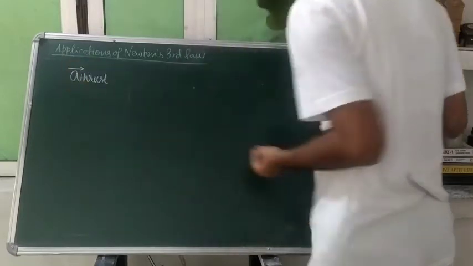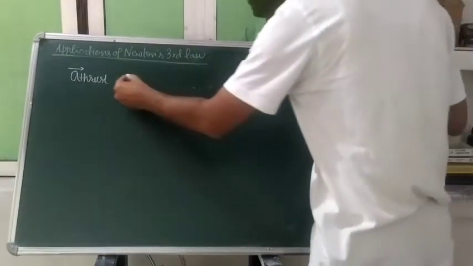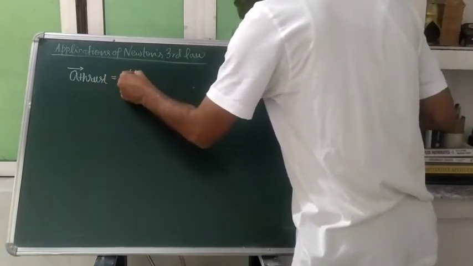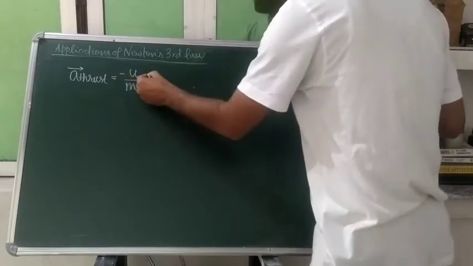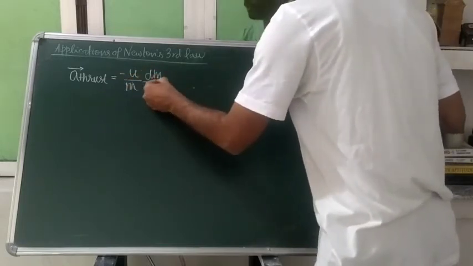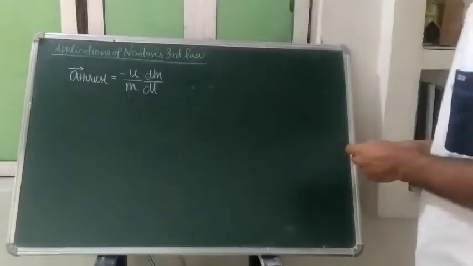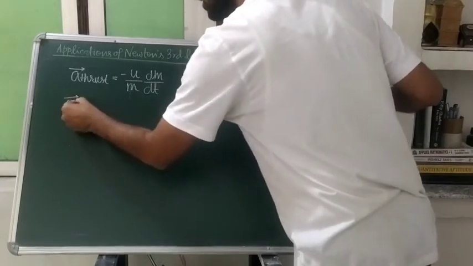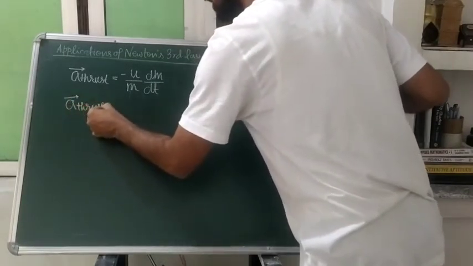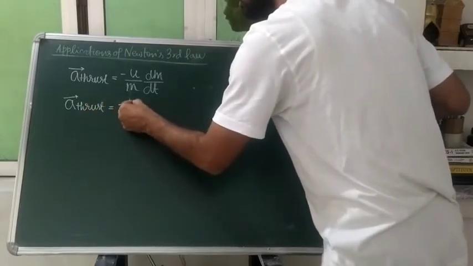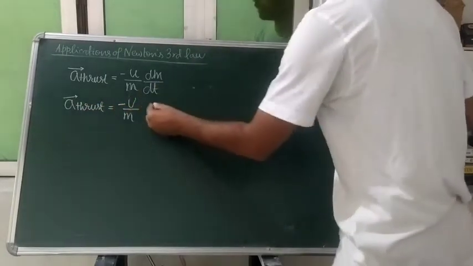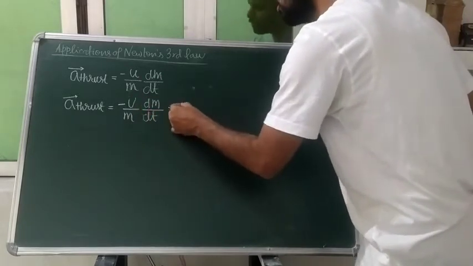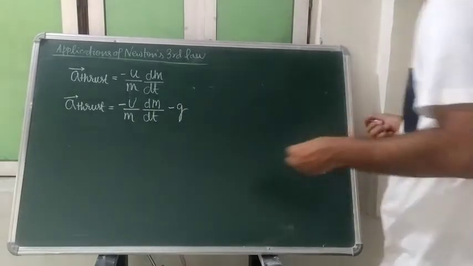The acceleration of thrust was coming equal to minus u by m times del m upon del t, and in the case that gravity is taken into account, our acceleration was coming as minus u by m times del m upon del t minus g, isn't it?